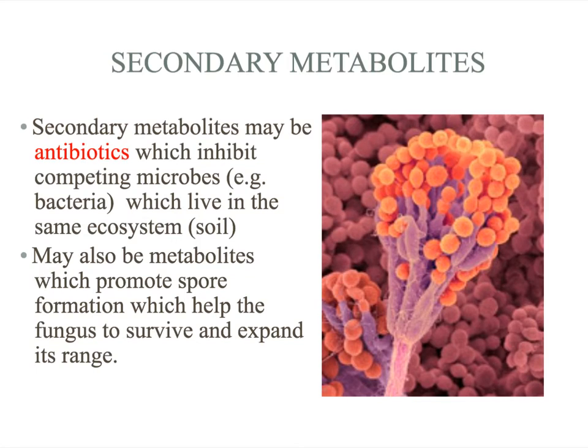I just mentioned on the last slide that an example of a secondary metabolite would be an antibiotic, which inhibits microbes, for example bacteria. So if you've got fungi in the soil, that helps to protect the fungi from bacteria invading them. But there are other secondary metabolites for which we grow the organisms because they produce useful products.